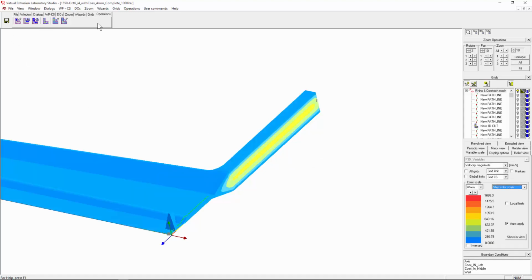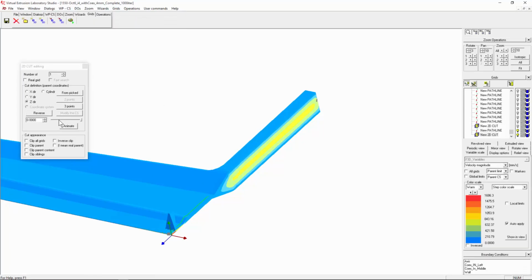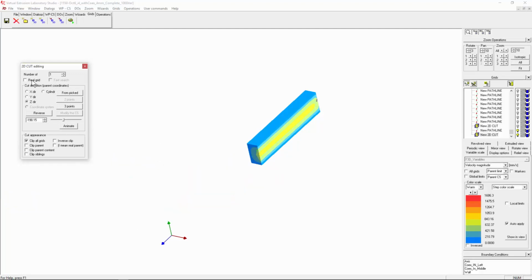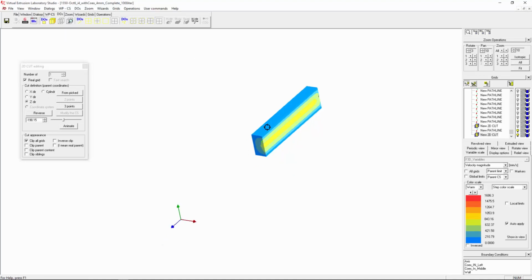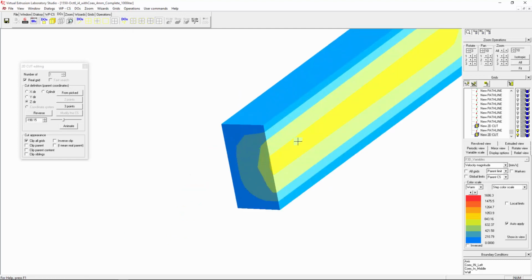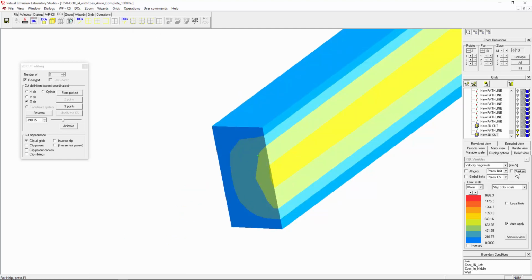And we can see what's wrong also when we do a 2D cut. Basically, if I move the 2D cut somewhere like here, that's too much, somewhere like here, and I clip all the grids, I can make it real. Now I'm making it real because I want to see the velocity arrows, the markers.